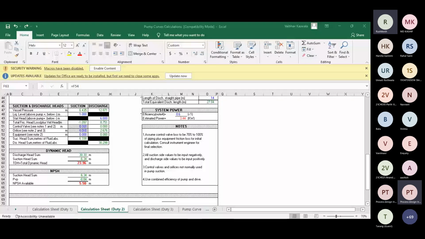Okay. One question. Vendor normally provides the curve for water, right? He does not check our fluid. My question is, he also gives for that fluid, if the fluid properties are given, he will also give head with respect to the fluid, meter of liquid column, right? For example, you are giving POCl4, but vendor is not having POCl4, but he will give the pump.